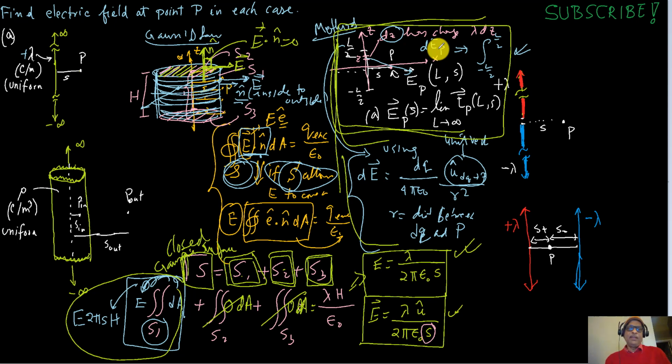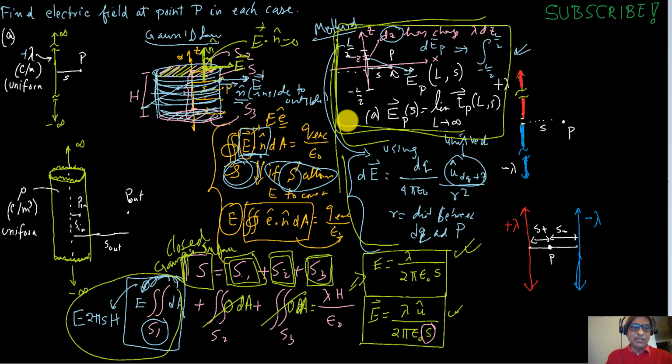Now for a wire, I could have done both ways, but how about if I have an infinite cylinder with uniform density? Now there the integral becomes really horrible, and Gauss's law provides a much better and straightforward way of doing it.